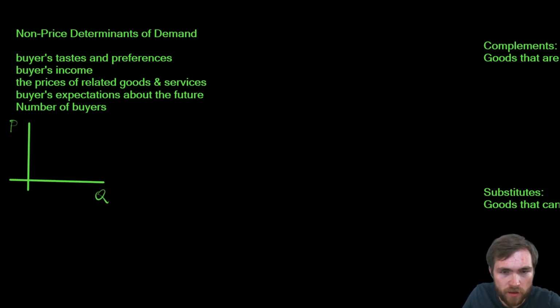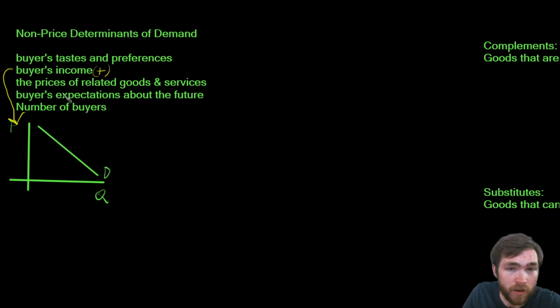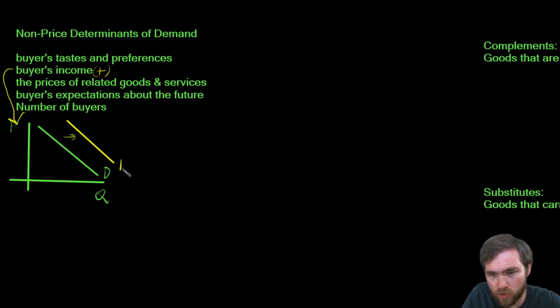Let's say that buyers' income increases. Then they're likely to want to purchase more bikes as a result. If we start with this demand curve and income increases, then we would see this demand curve shift outward as a result of the increase in income.